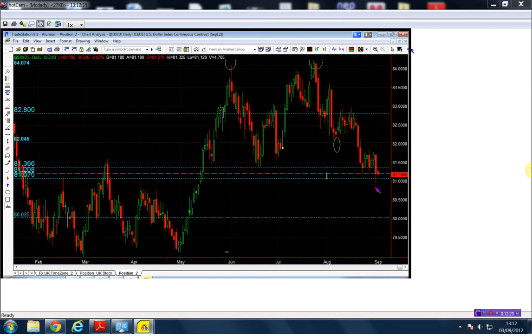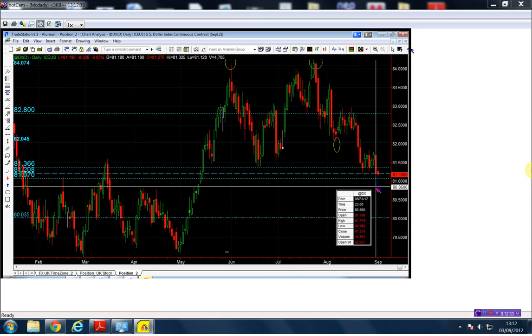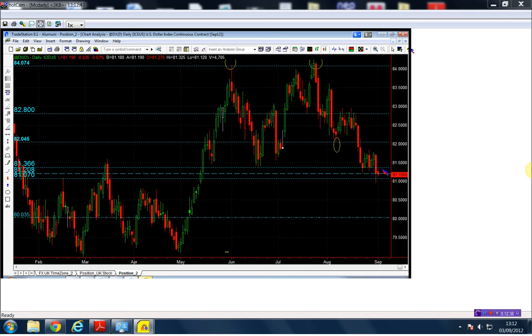I wanted to take out the low, which is the 80.96. Today is Labor Day. It's slightly weak here in the US. The markets are closed, so we're going to take this day with a grain of salt, but still I'm looking for further liquidation for the US dollar.